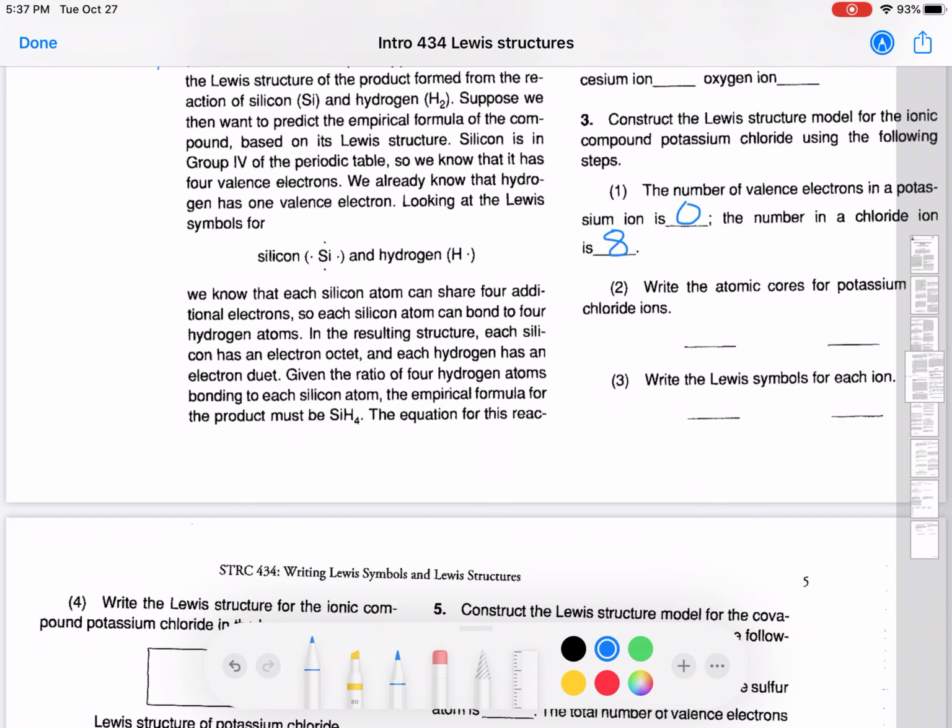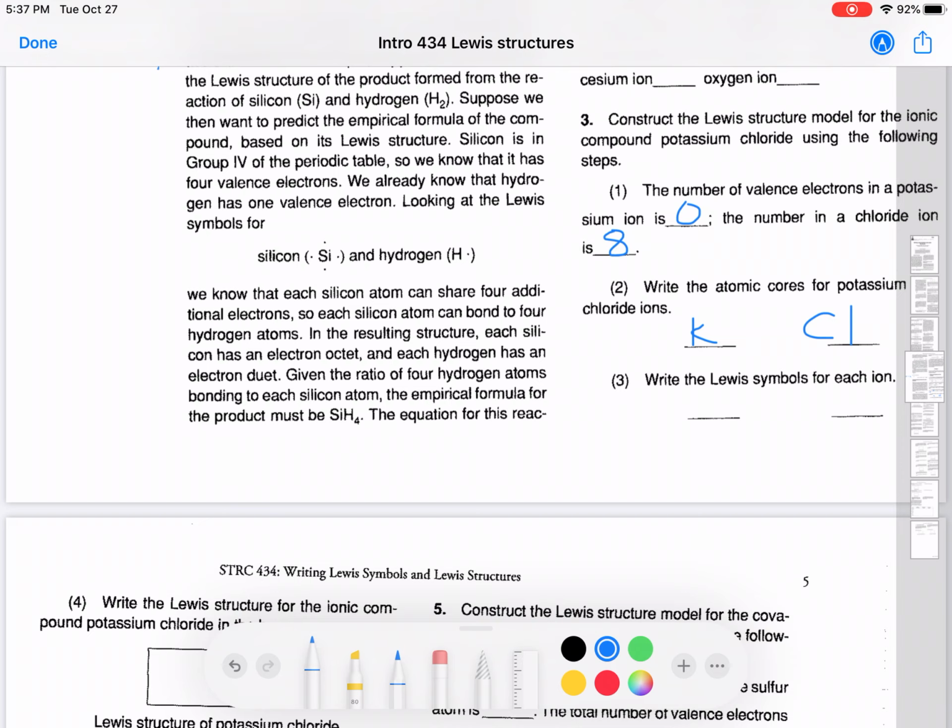Write the atomic cores for potassium and chloride ions. The atomic core would be K for potassium and Cl for chlorine. Write the Lewis symbol for each ion.